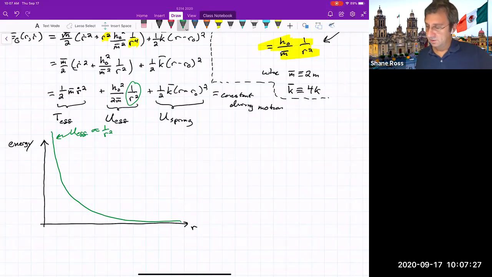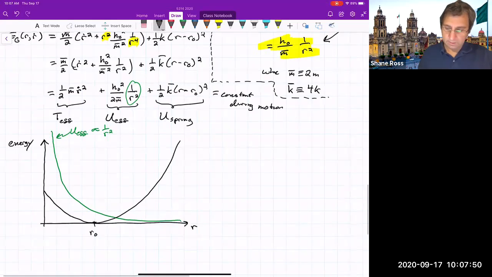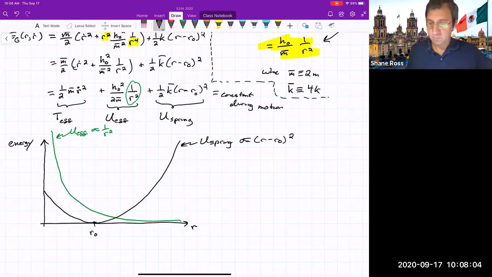Okay, then there's the spring. The potential energy due to the spring is going to be a parabola that goes to 0 at r naught, and it's opening upward. So here's the spring. This is proportional to (r minus r naught) squared. So it's a parabola.